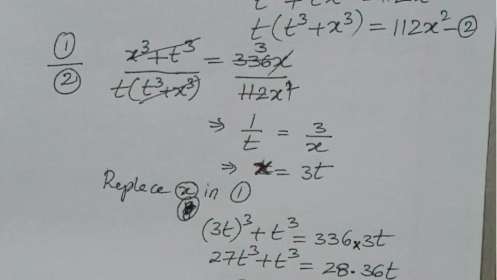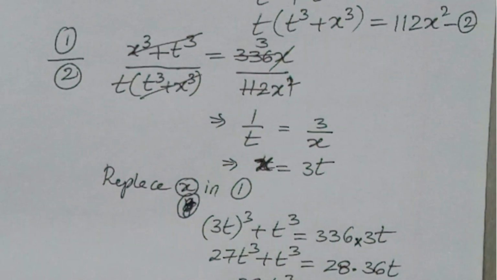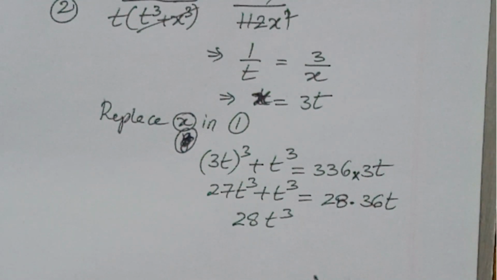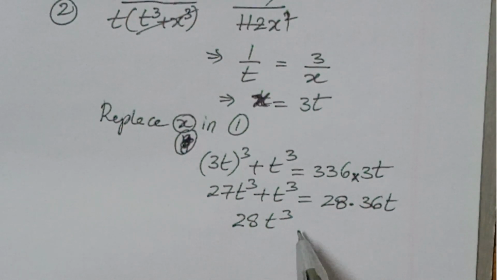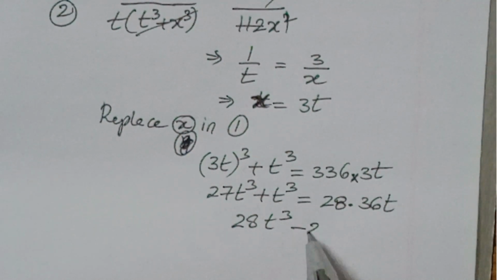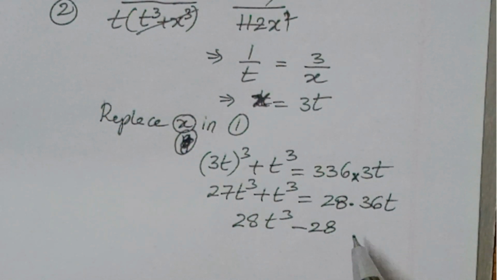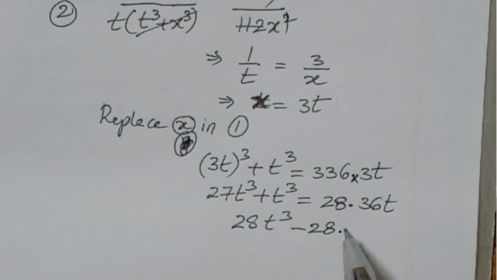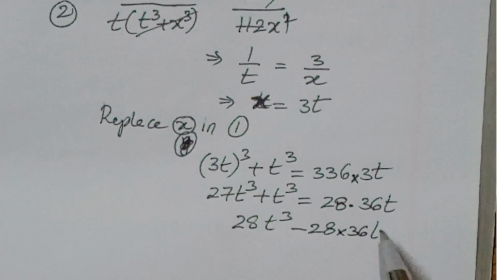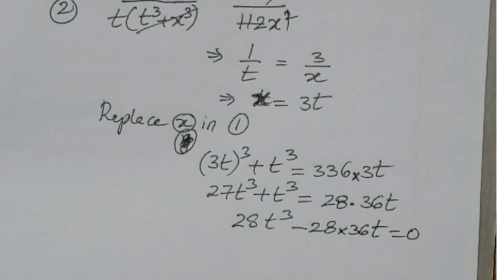So here you'll get 28 t cube minus 28 into 36t is equal to 0.